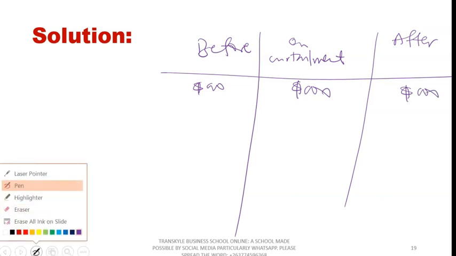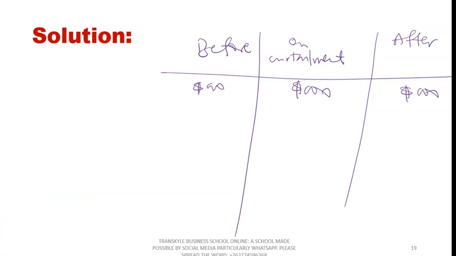Let me use a much darker pen. So we have the present value of the defined benefit obligation. At the start it was 600,000. And then the fair value of the plan asset was 500.